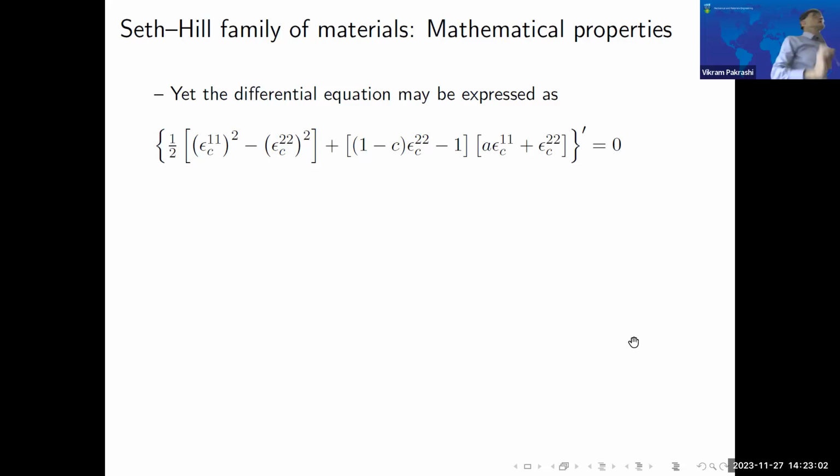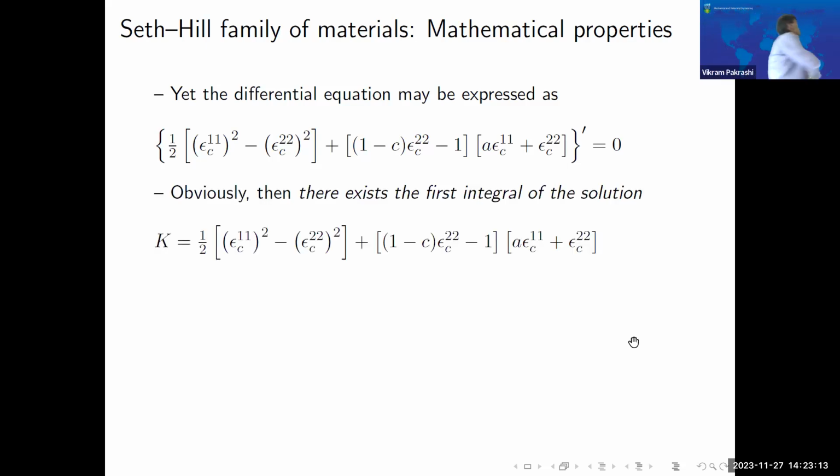And this really means that for the whole class of materials, this differential equation has a first integral. Well, it is simply the expression within the braces. So it has to remain constant because its derivative is equal to 0.